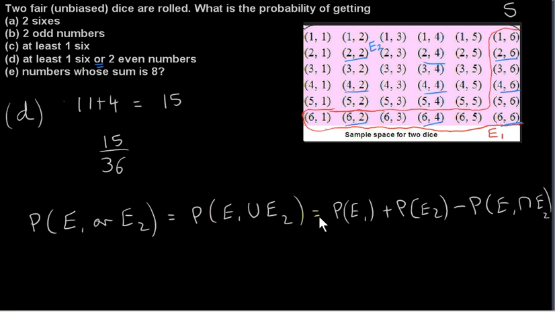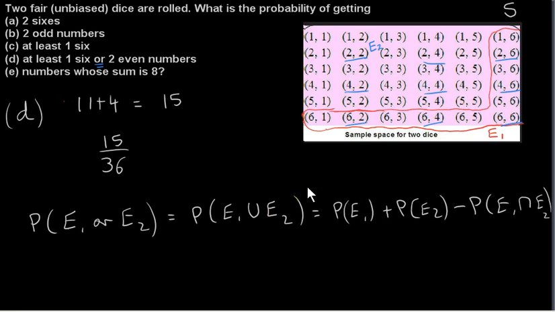Of course, we can use our set notation and use this statement again here like we used it before, and I proved this several videos ago. So we want the probability of E1 or E2.